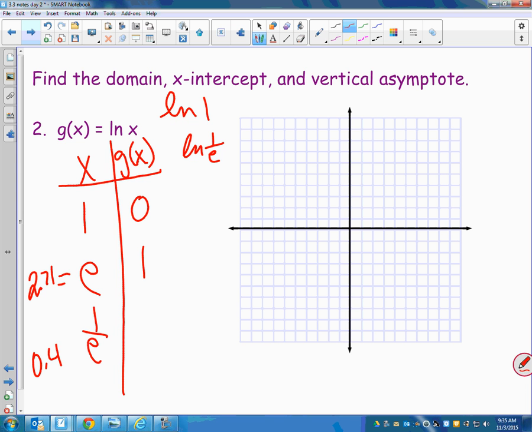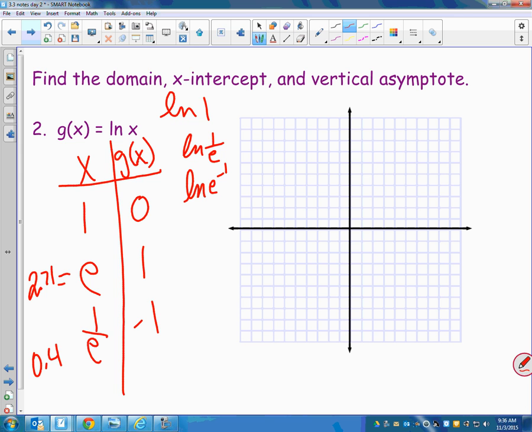Can I write 1 over e as an exponent? Same as ln of e to the negative 1. Let's just say -1, right?